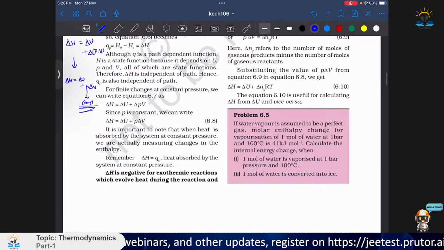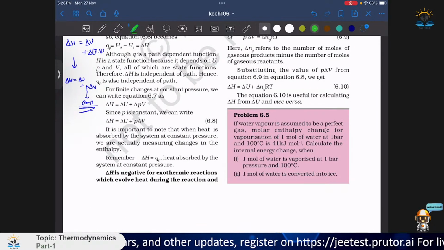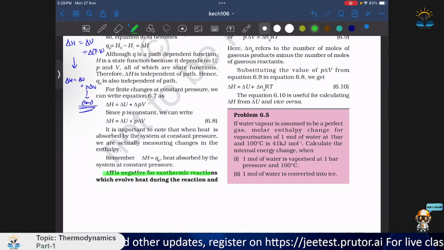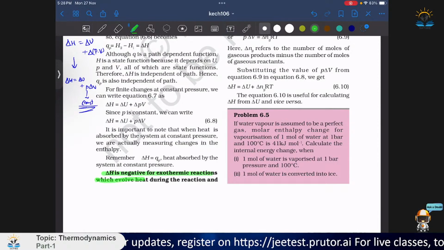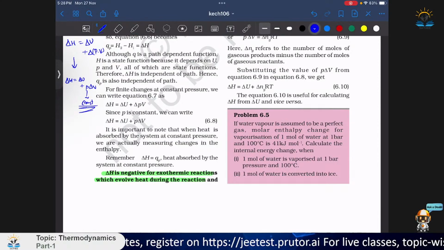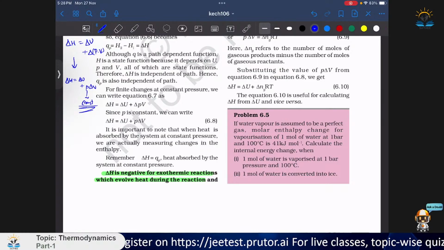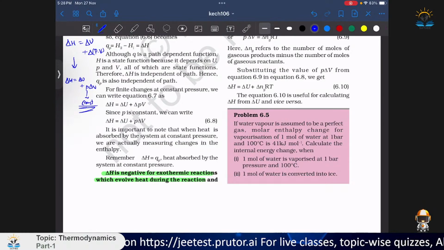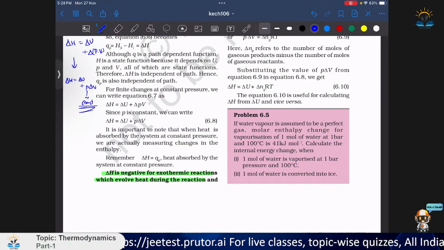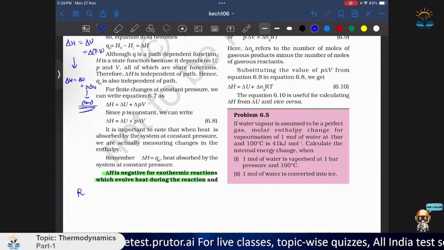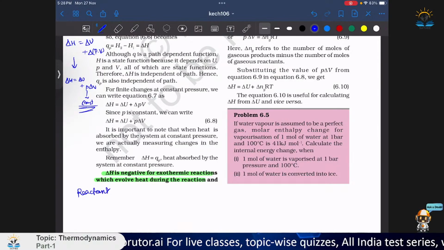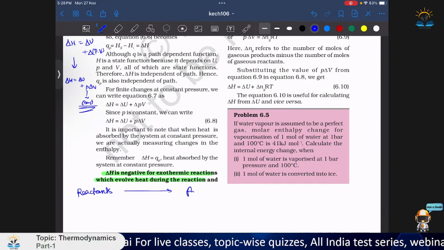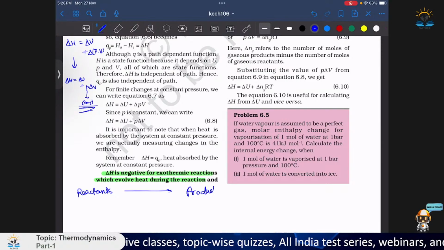Now we need to see when it is positive and negative, then we can move ahead. The delta H is negative for exothermic reactions, which evolve heat during the reaction, which you can easily determine using a bit of common sense. These are reactants, and they change into products and give out heat.